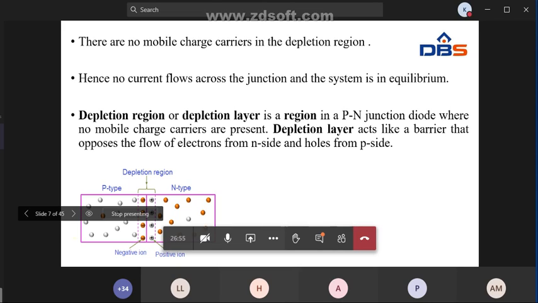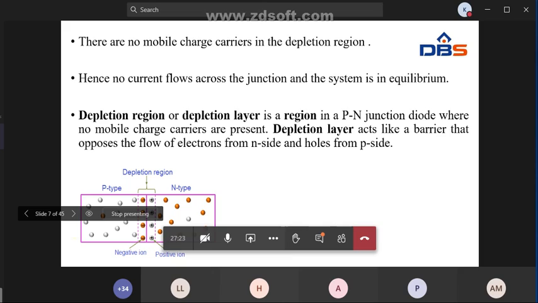These carriers are not moving either to this side or to this side. So there is no current flow across the junction, right? So the depletion region or depletion layer is a region in a PN junction diode where no mobile charge carriers are present.